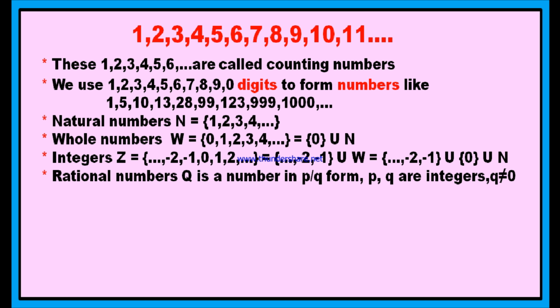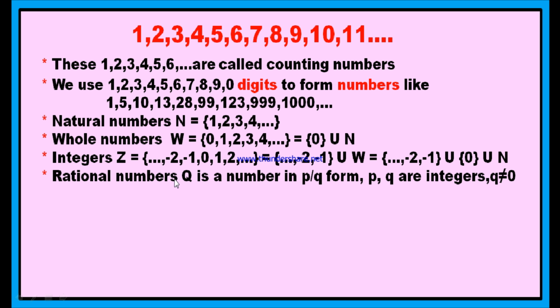The rational numbers are represented by the letter Q but not with R. Q stands for quotient. You see, a rational number is a number which is in the form of p by q. Any number in the form of p by q is called a rational number, but the condition is p and q should be integers and q should not be equal to 0.